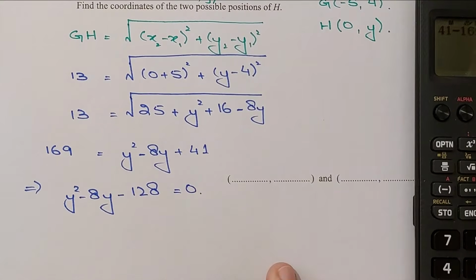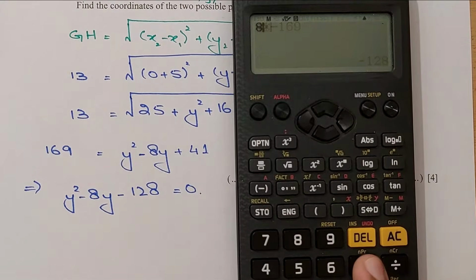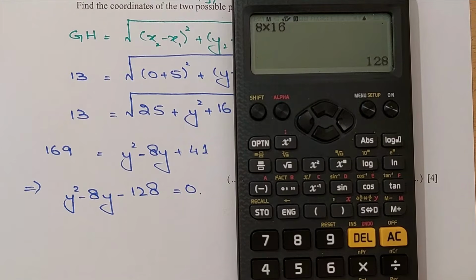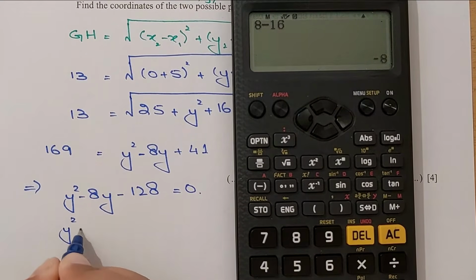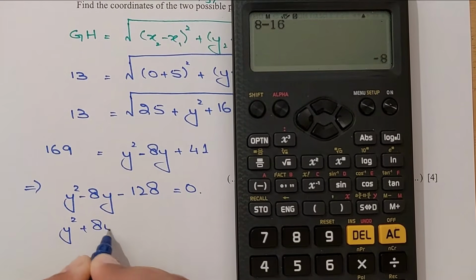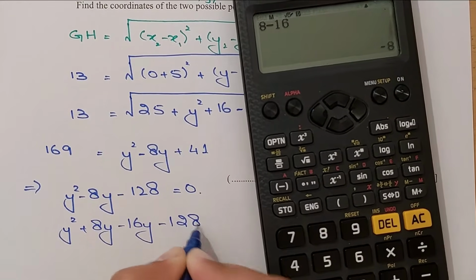Now we have a quadratic equation in y. We have to factorize it to get the two values for y, right? So it is 128. If I take 8 times 16, this is 128, and 8 minus 16 is minus 8, right? Let's break the middle term. y square minus 16y plus 8y minus 128 equals 0.